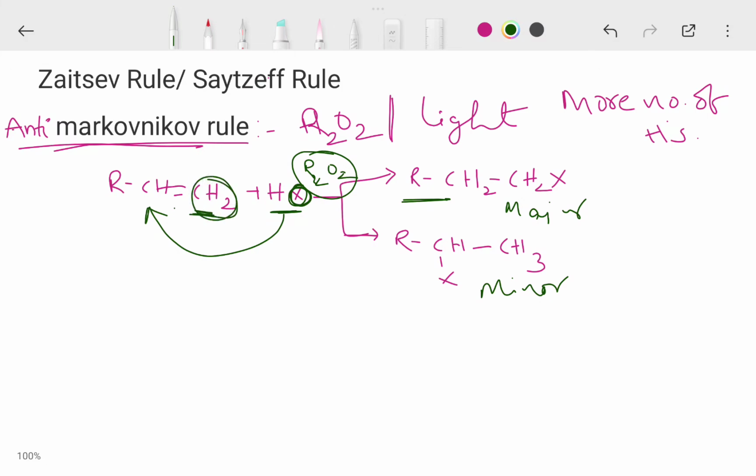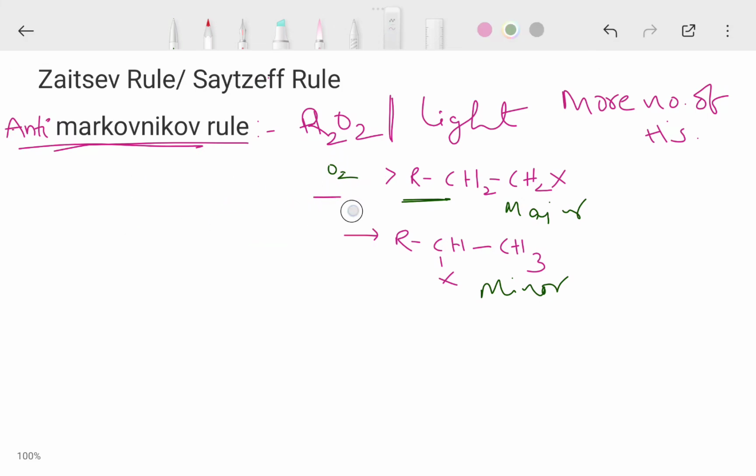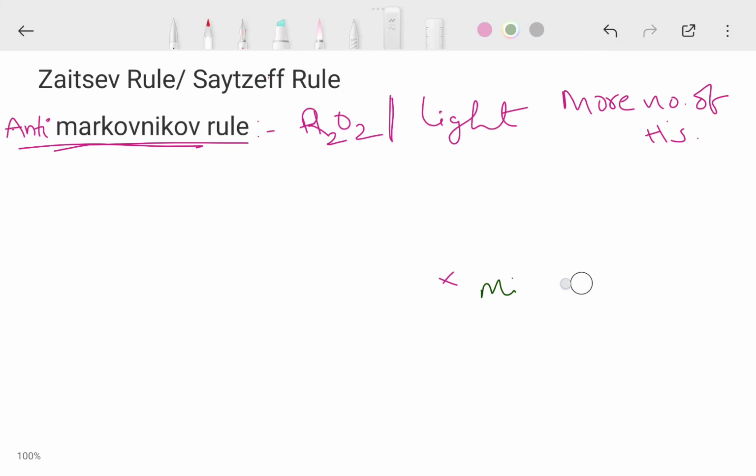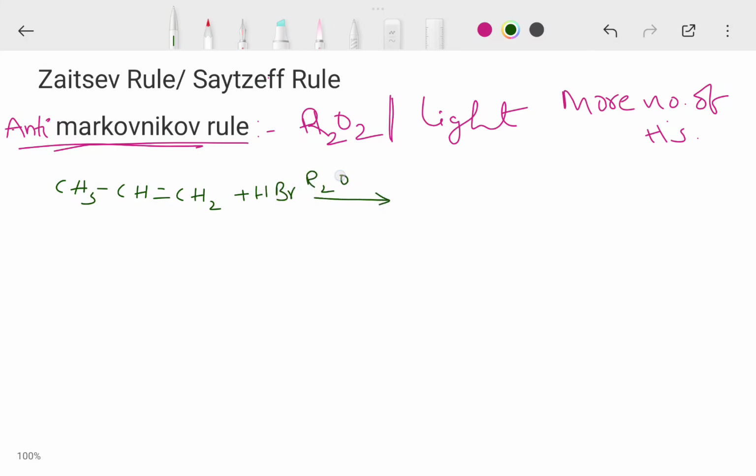I'm taking one more example to explain this: propene, CH3 CH=CH2, reacts with hydrogen bromide in the presence of peroxide R2O2 or sunlight, h nu.